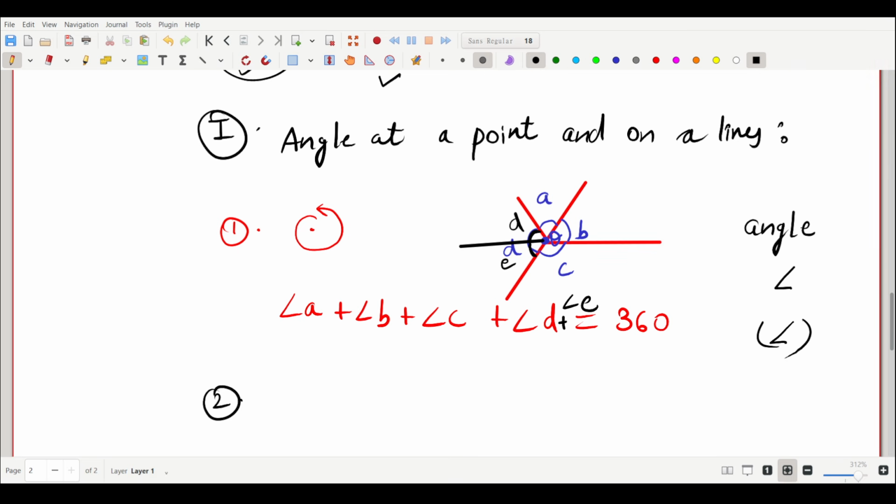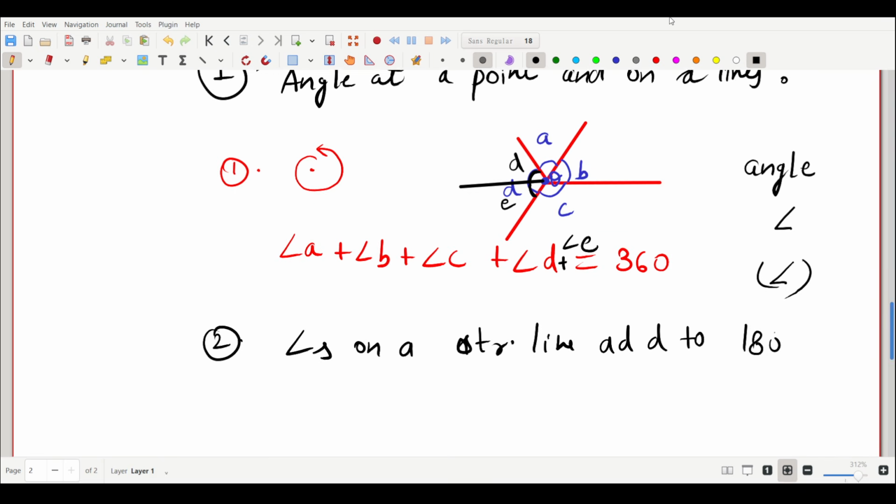Okay, the second foundational point was that angles on a straight line always add up to 180 degrees. Angles on a straight line add to 180 degrees always. I'll show you how.